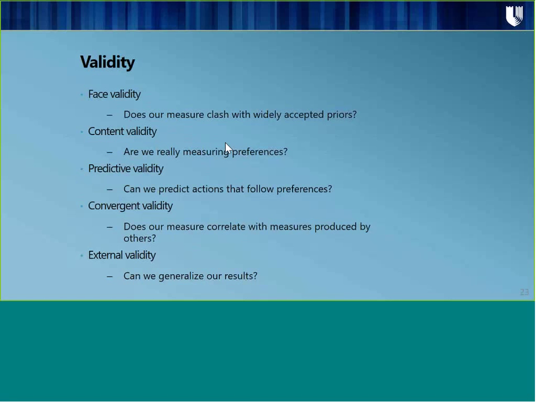And then finally, external validity, which is, can we generalize the results, and is it powerful enough to be consistent with, that is, are the hypothetical choices that we obtain consistent with what we call revealed preferences.